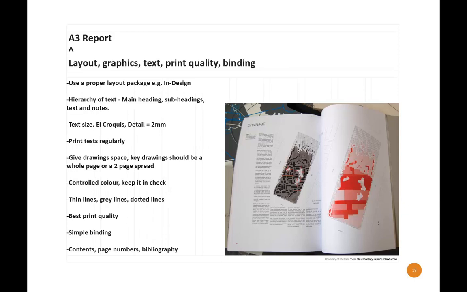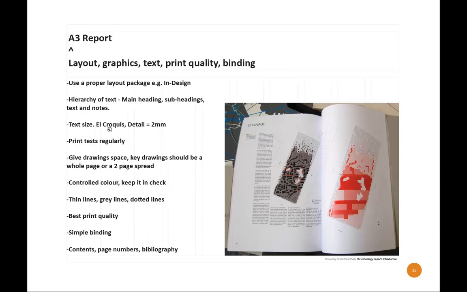Generally, that needs to be quite small, because bearing in mind these are A3 sheets, if that text is too large, it dominates the drawings, and the quality of the drawings is reduced.